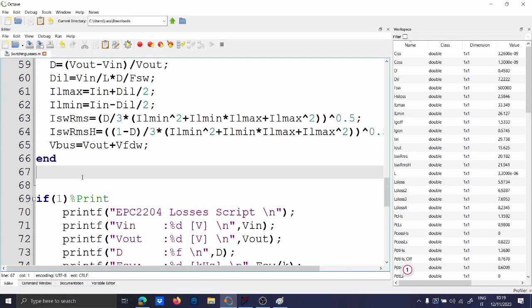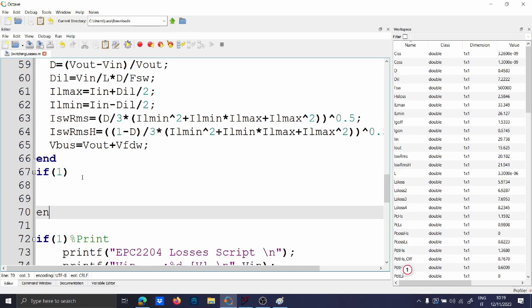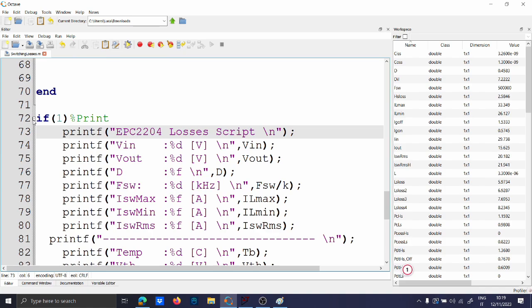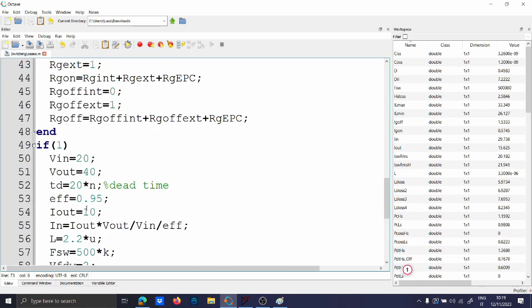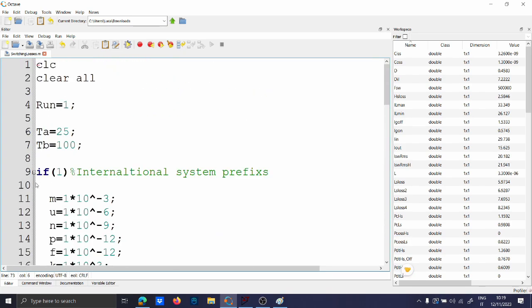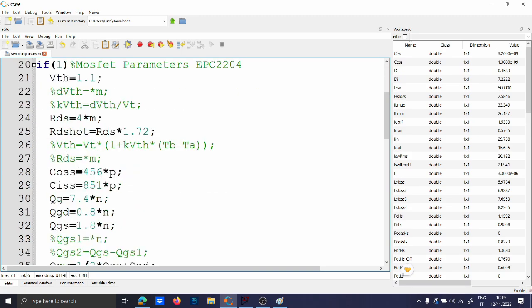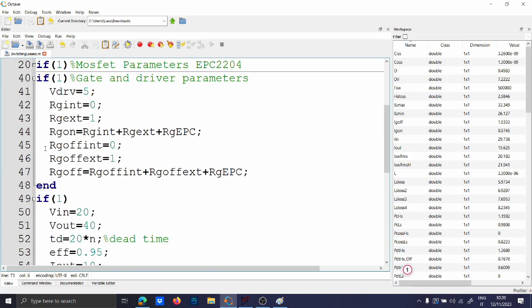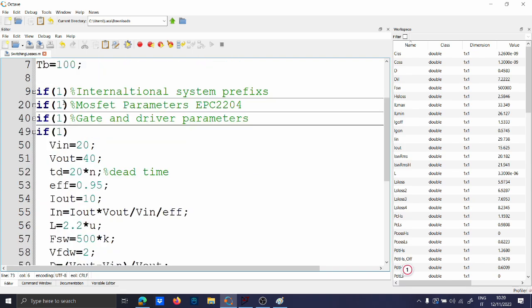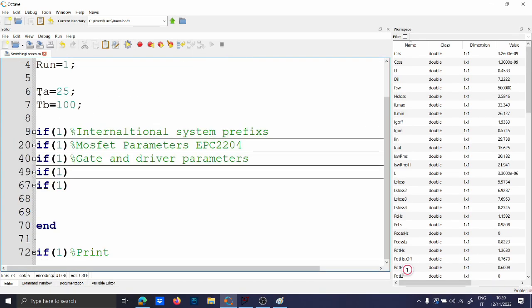So now we have to calculate the losses. I do this just because if I want to cover this, I can do that. Cover this because I don't need it, and cover this because we already inserted them, and also cover this. This is the converter parameters.